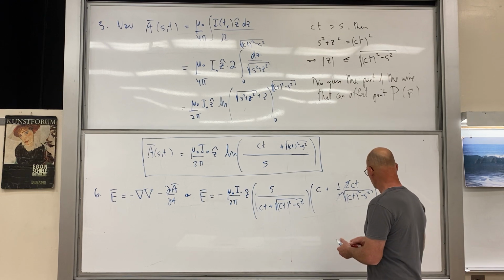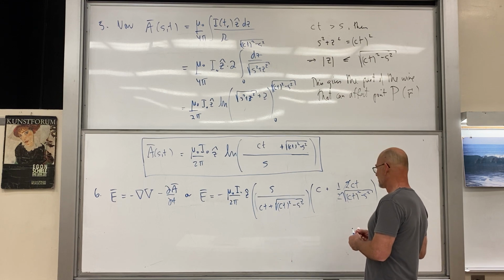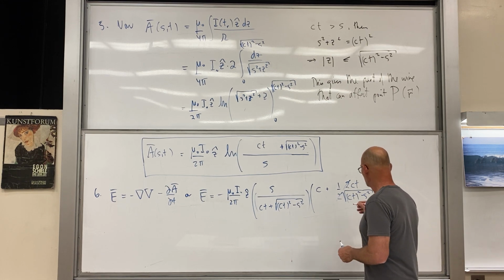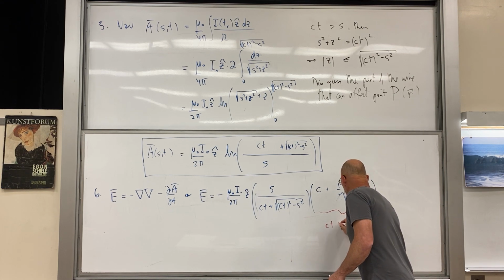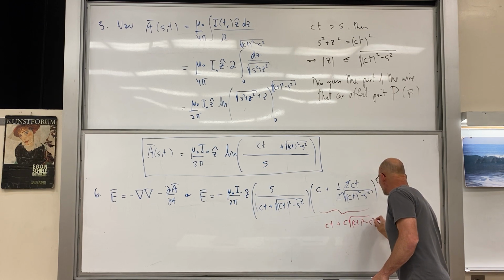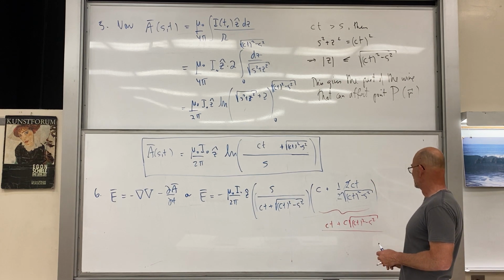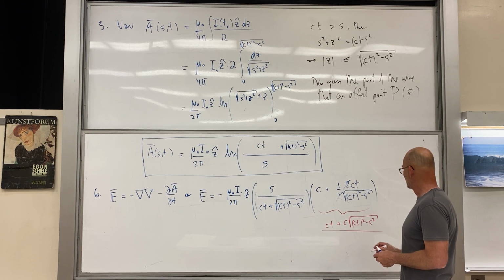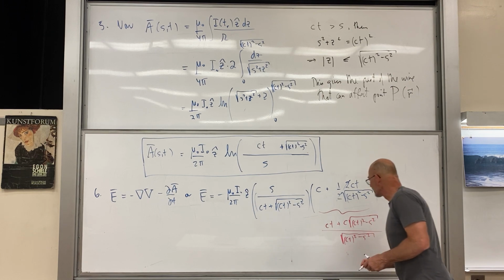So let's see here, we can do that. We can pull out a C. Or actually, let's see, we have CT plus C root CT squared minus S squared over CT squared minus S squared.